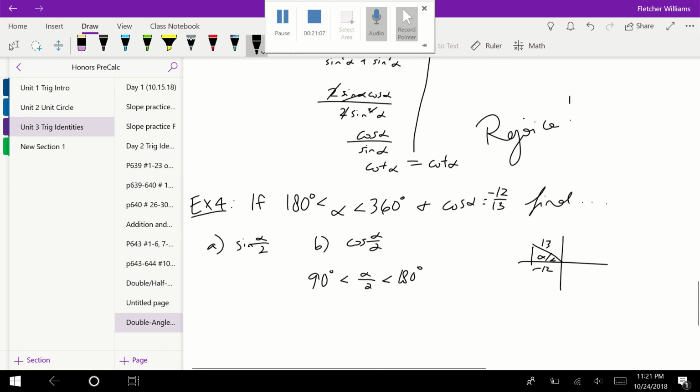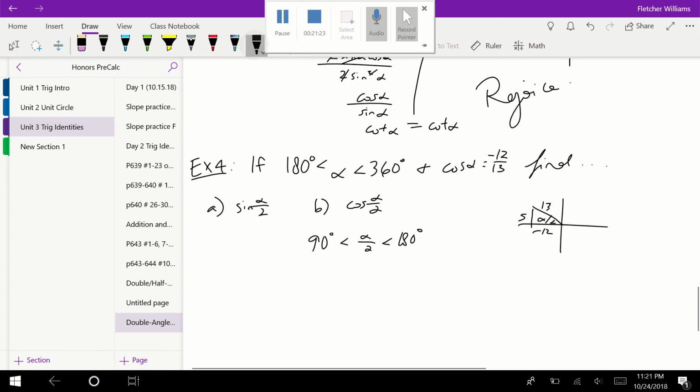You can check, but you should find, well actually I was going to say you could find sine of alpha over 2, but you don't need it in this case. But if you did want to, I think you could find that it's 5/13.